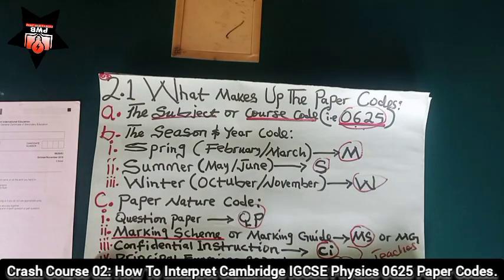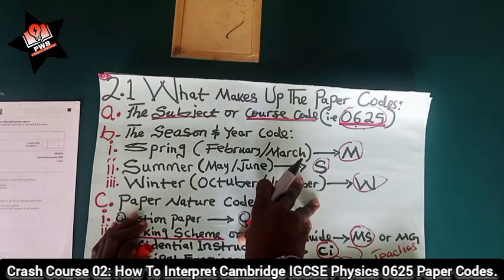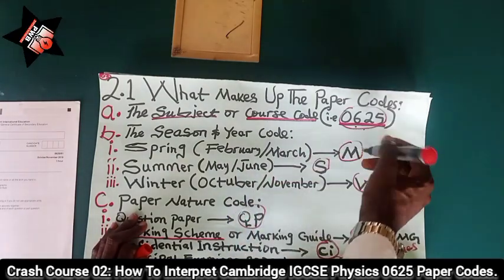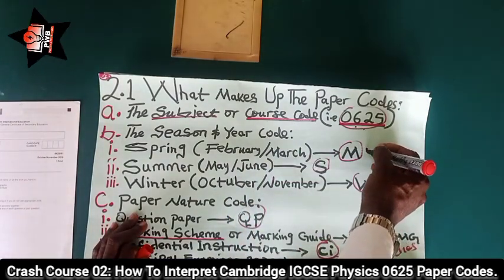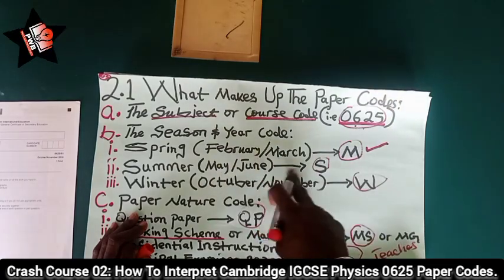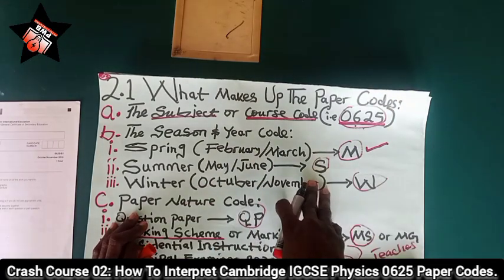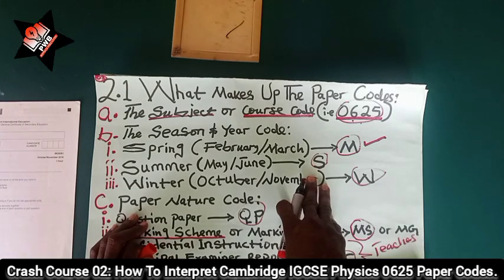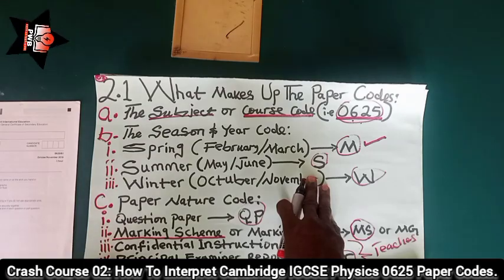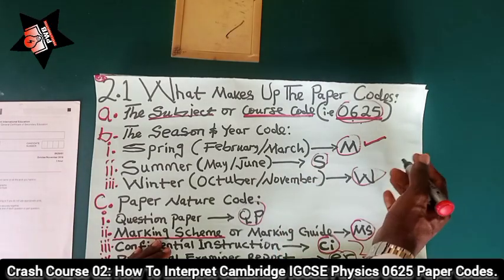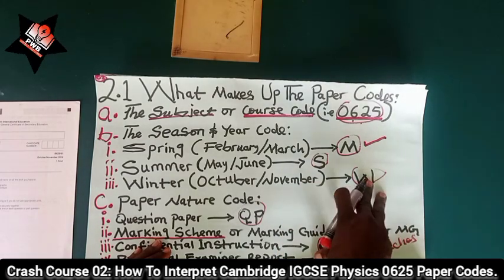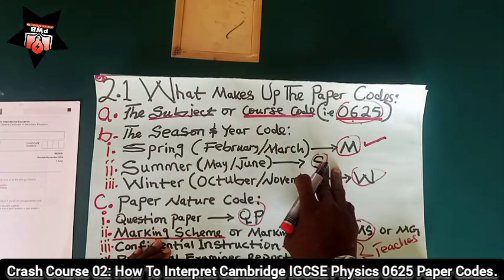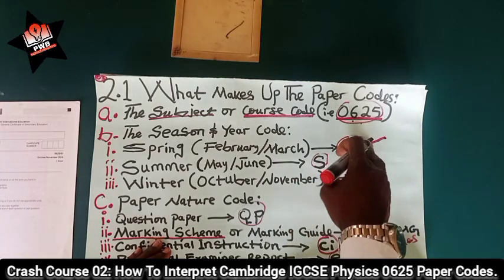Now, the reason why this is important is this. You may be preparing for exam in spring, and you are busy studying materials for summer and winter. You are not going to make it. I am speaking from experience. You are preparing for winter, and you are busy studying materials for summer and spring.